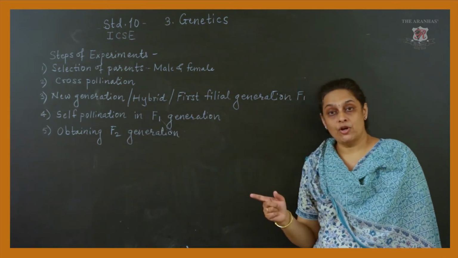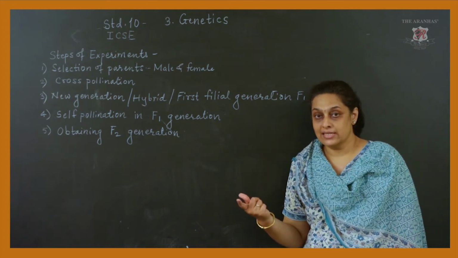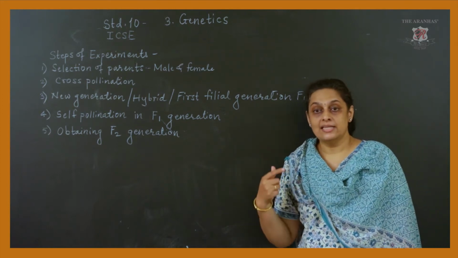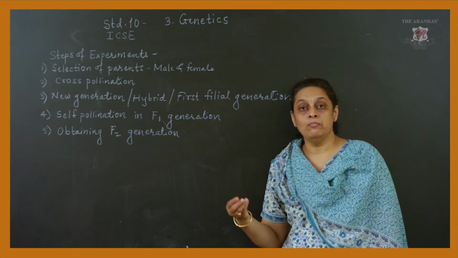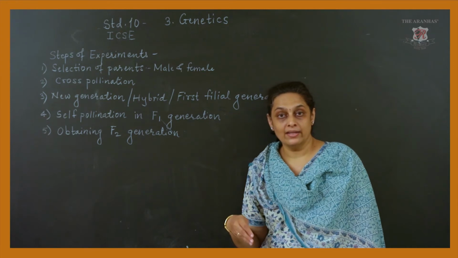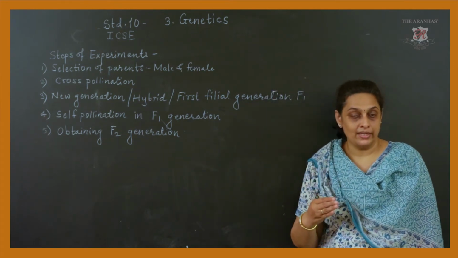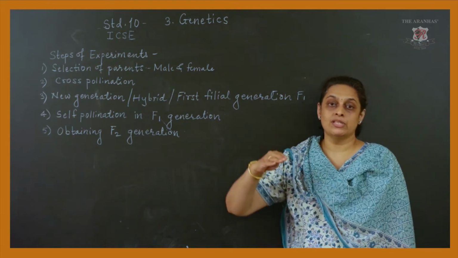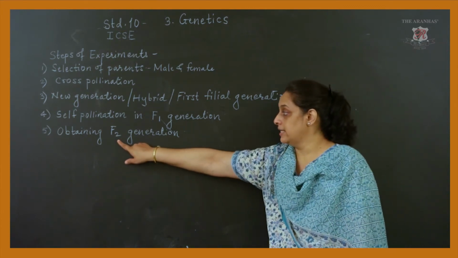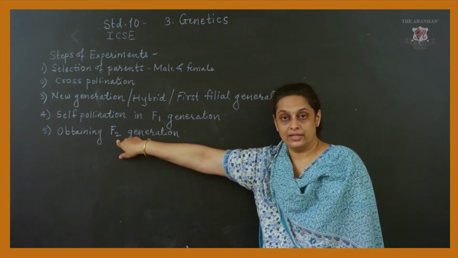Now remember that in genetics a scientist is interested in studying many generations. So what Mendel did, after F1 generation was obtained, he wanted to produce the next generation, that is F2 generation, second filial generation.